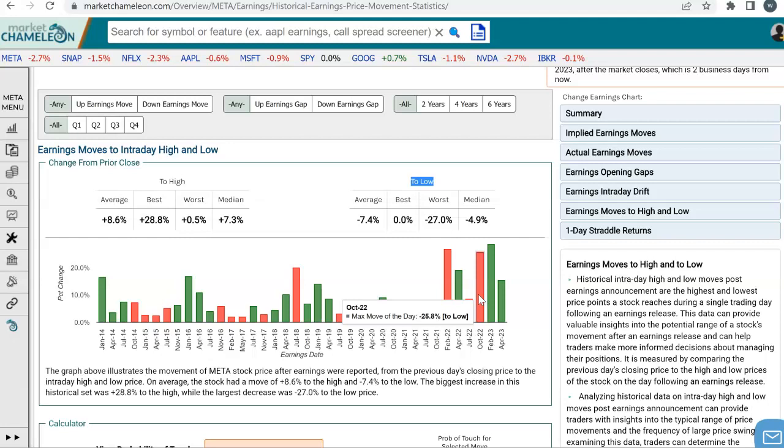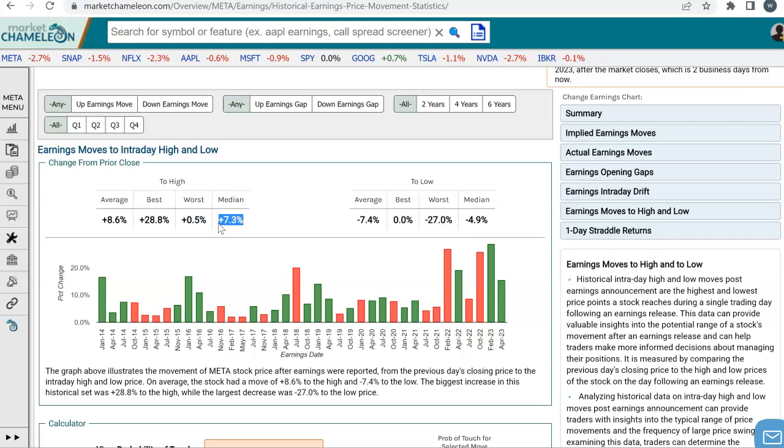So, for example, in Meta, we could see that on average, to the high of the day, the move was 8.6%, with the best move being 28.8%, the worst 0.5%, and the median move 7.3%.